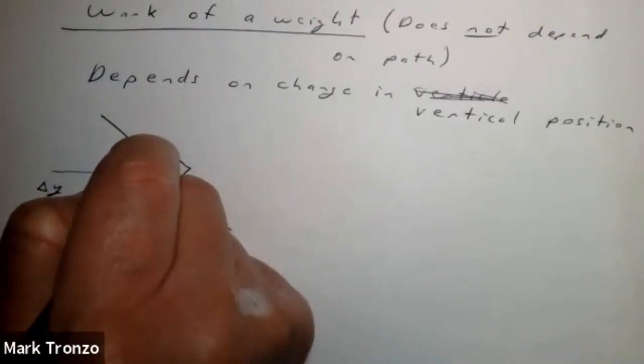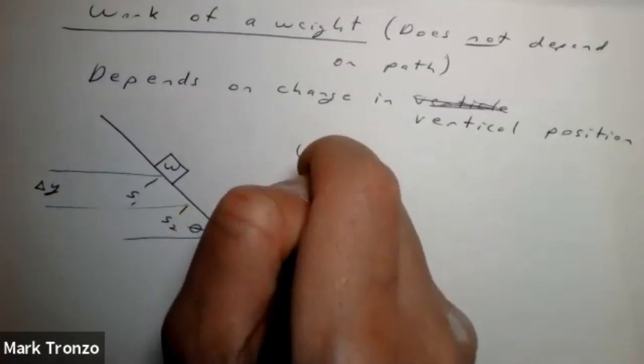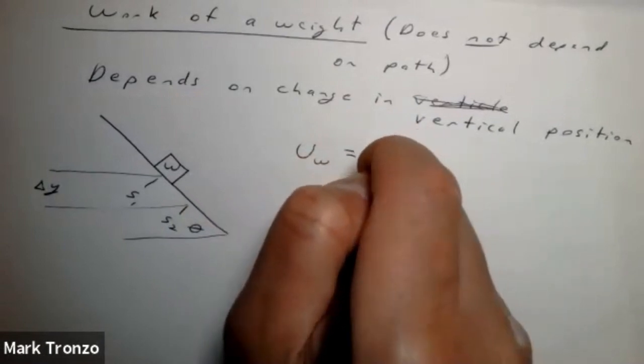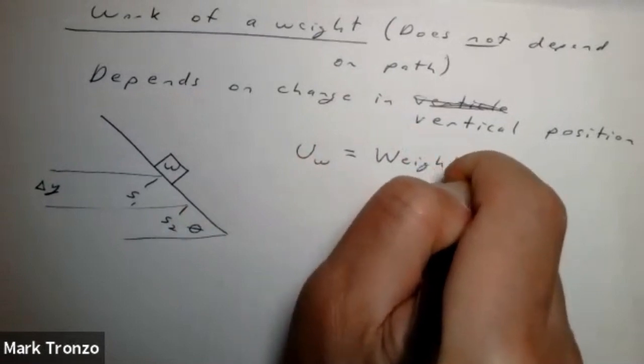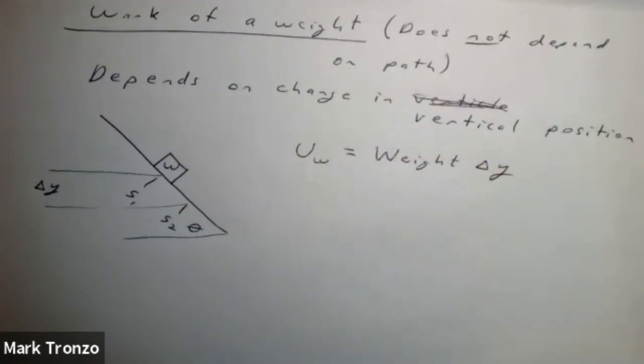So if you have, again, some weight here, the work of a weight, once again, is going to be just the weight times the change in vertical position.